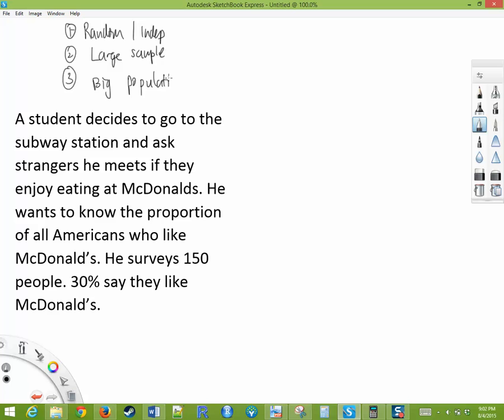Okay, so go ahead and tell me, are any conditions here violated? One. Yeah, the random and independent condition, right? So what is the population he wants? All Americans. This is the population, okay? So number one, the population is all Americans, but is he getting a random sample of all Americans?